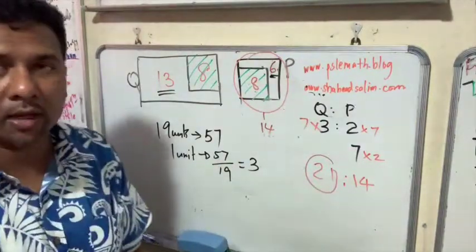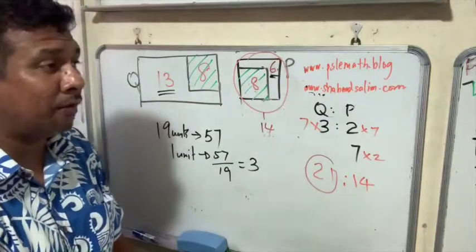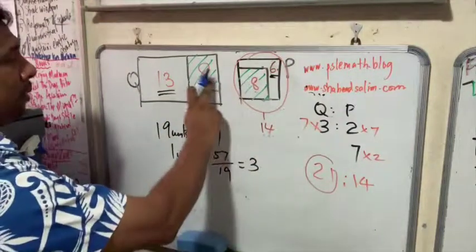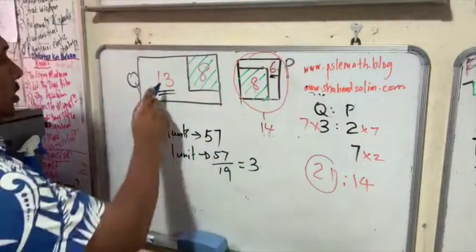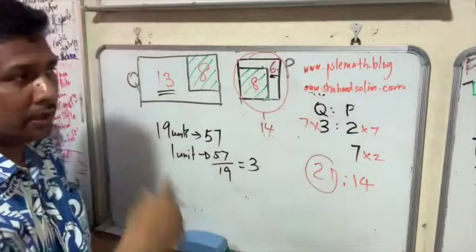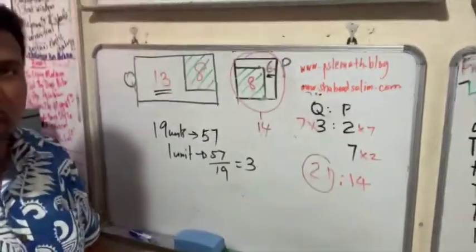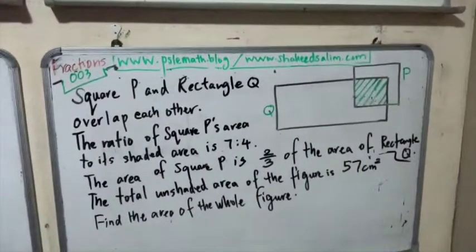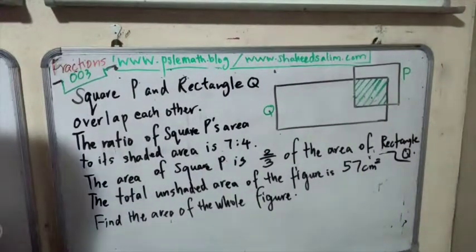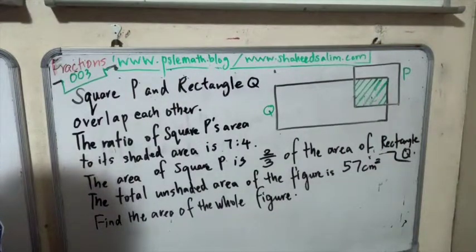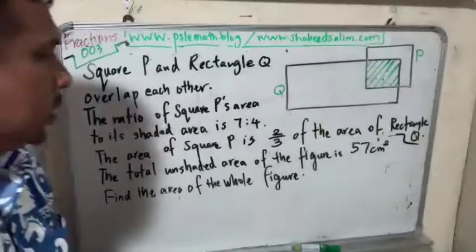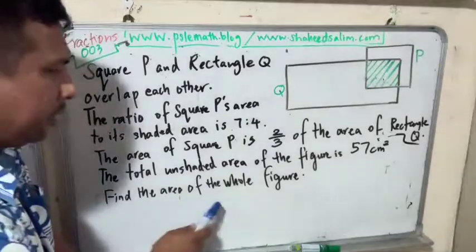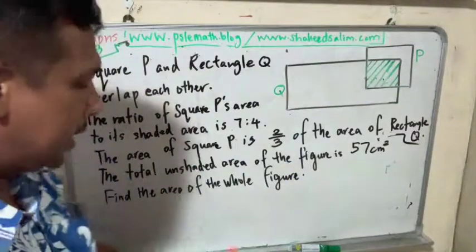The question is asking you what is the area of the whole figure. Now this is overlap, so we count it only once. Let us count the total number of units in the figure. Let's revise.